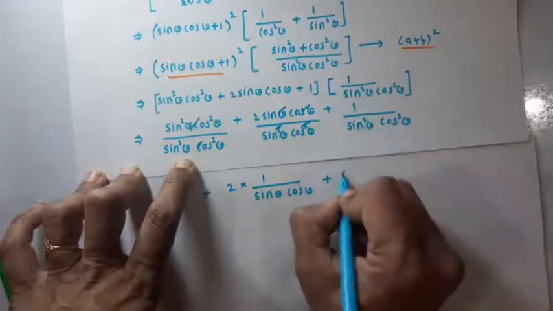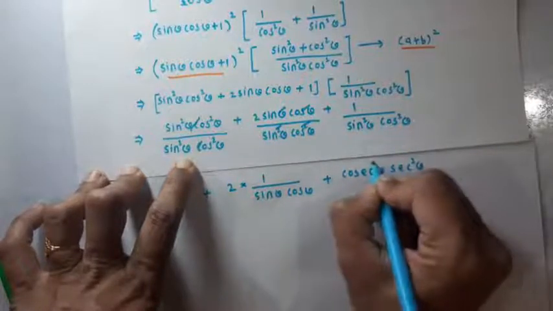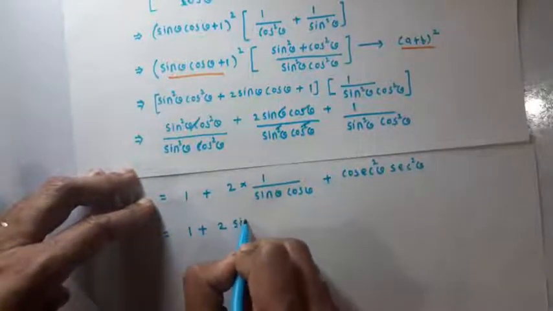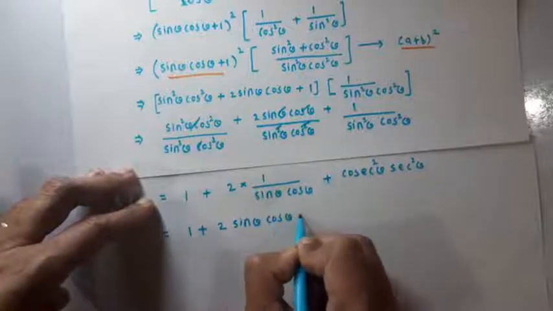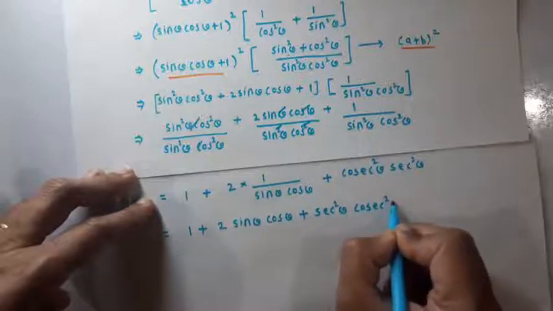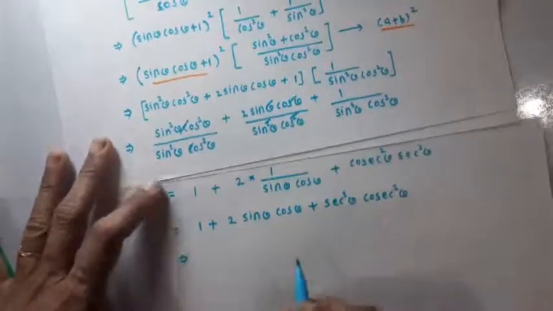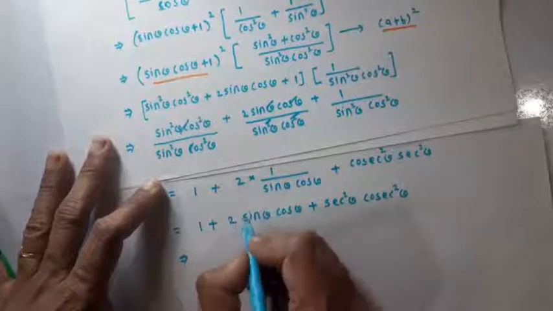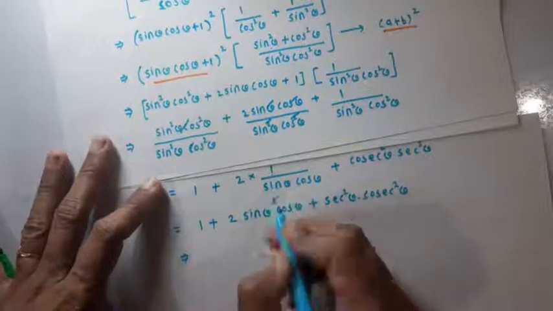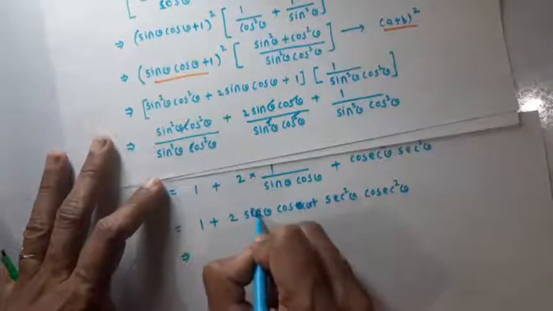and 1 upon sin square theta is cosec square theta, 1 upon cos square theta is sec square theta. Okay, and this is 1 plus 2 sin theta cos theta plus sec square theta cosec square theta. Students, this is the expansion of (a plus b) whole square type. Sorry, please correct here: 1 upon sin theta is cosec theta, and 1 upon cos theta is sec theta.